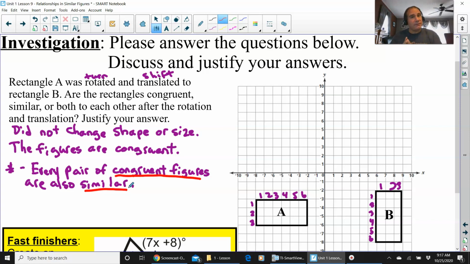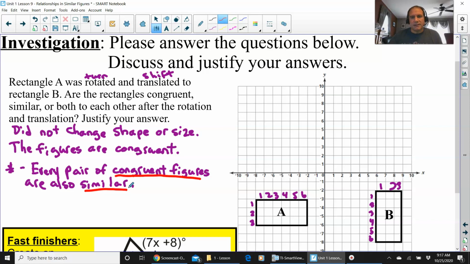But similar figures cannot be congruent because similar figures are already different sizes. All right, so congruent figures, once you say it's congruent, it means it's same shape, same size. Those figures also fall into the similar category because they have corresponding angles that are equal, and they also have corresponding sides that form equal ratios, because it would be exactly the same thing.